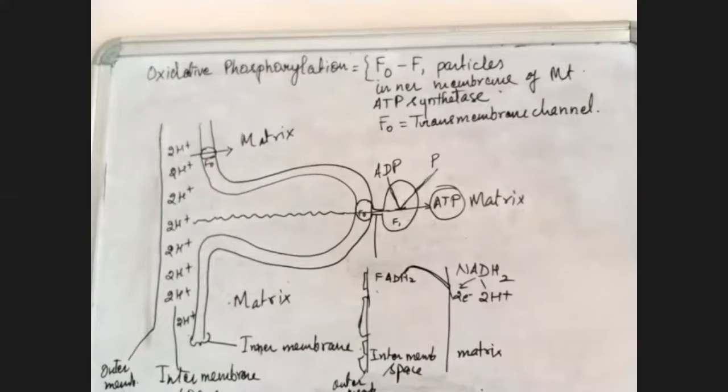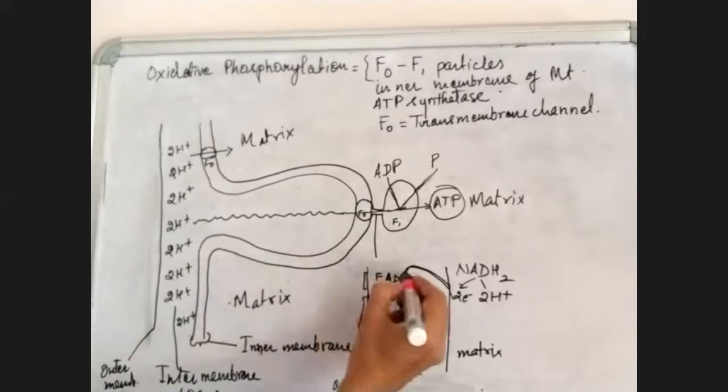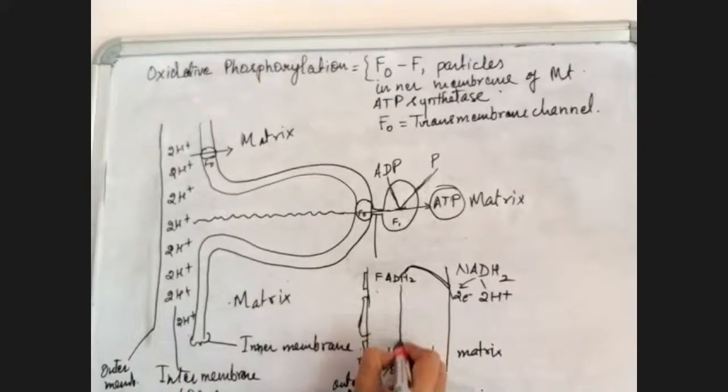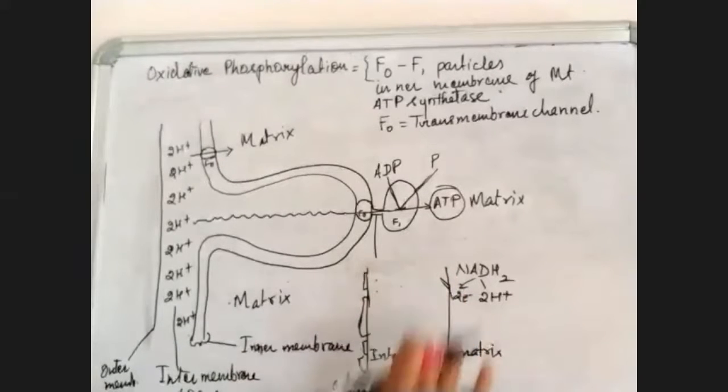So these electrons start moving down the complexes here in the inner membrane. Not in the intermembrane space, this is the inner membrane.